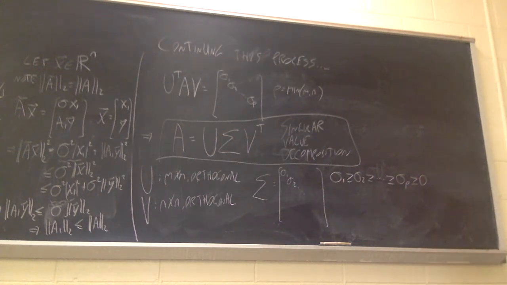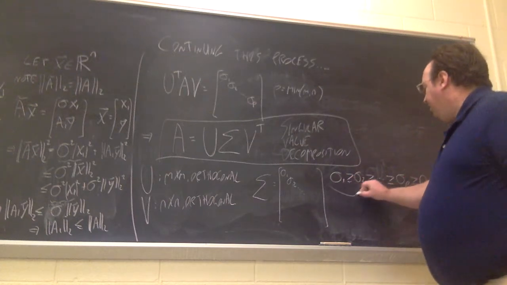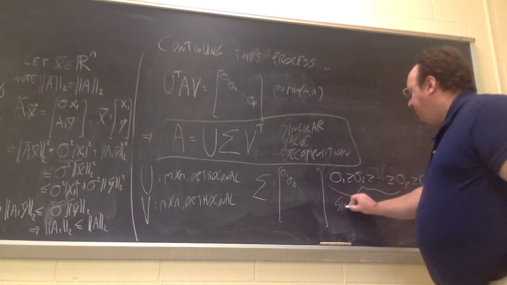The reason why is, how does sigma come about? Sigma was the 2 norm of A. All of these sigmas are the 2 norm of some matrix, either A itself or the whittled down matrix that you get after each set of Householder transformations. And these are called the singular values of A.